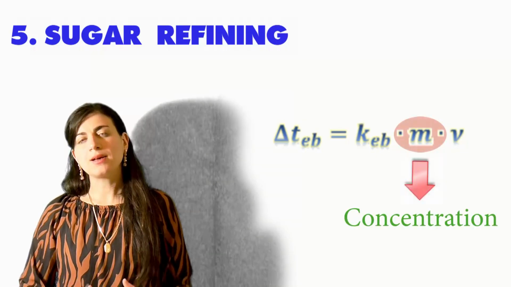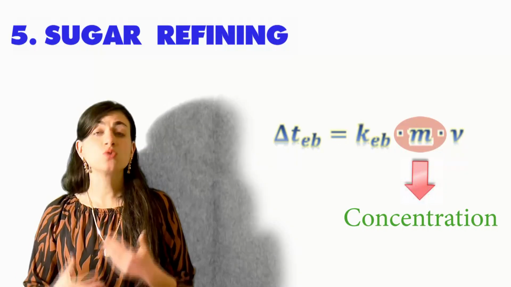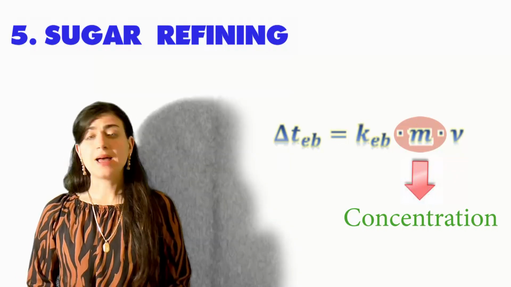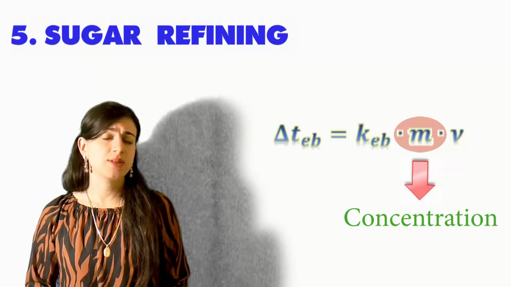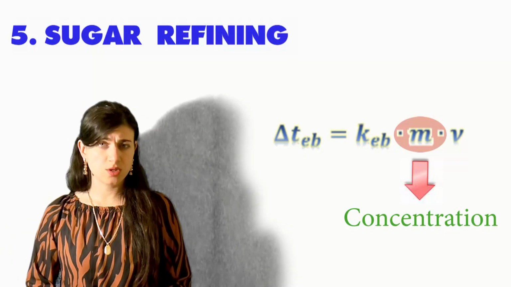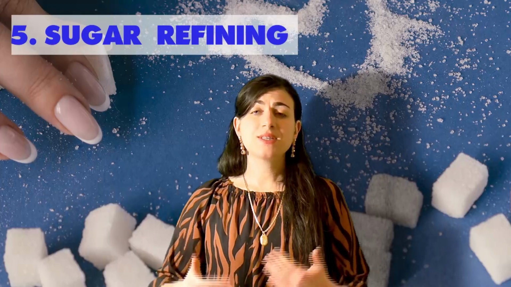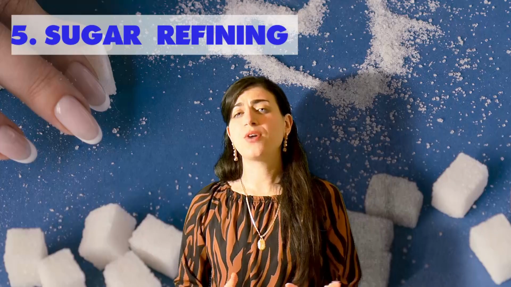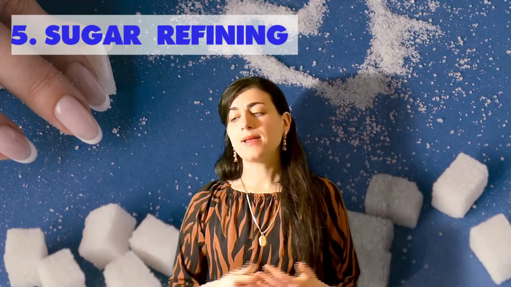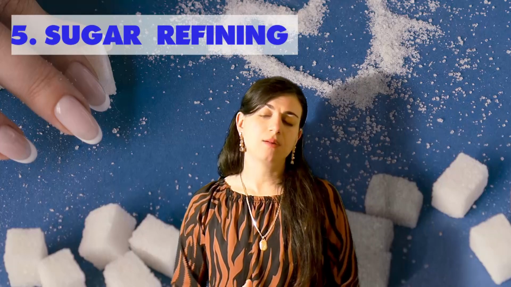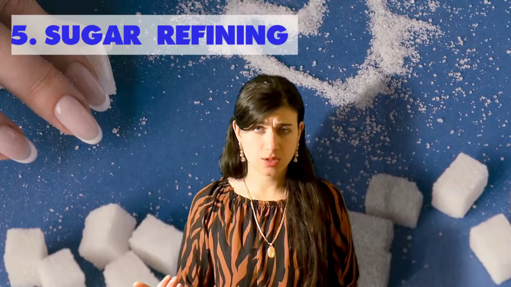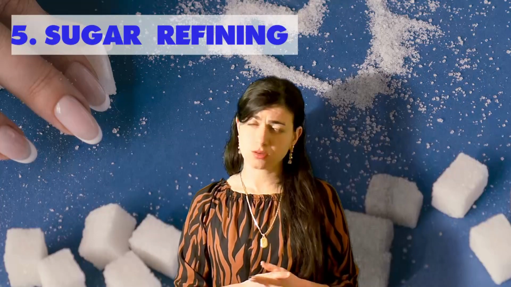So this instrument can calculate the concentration of sucrose in these solutions. And in the sugar refinement industry, they need to know the concentration of sucrose in order to go on with the other processes which involve crystallization in order to purify the sugar and have the sugar like a white, pure powder you can find in the grocery store.